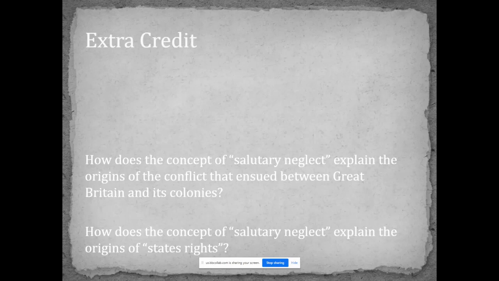What do we mean by that? Have you guys heard of that concept of state rights before? And what issues might that be connected with?